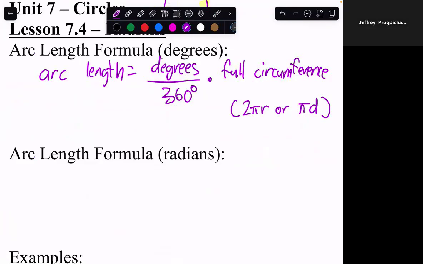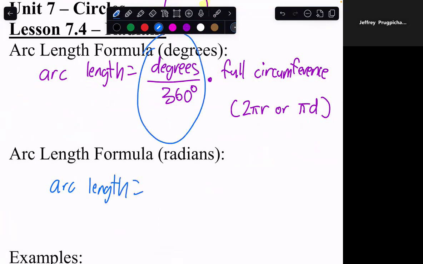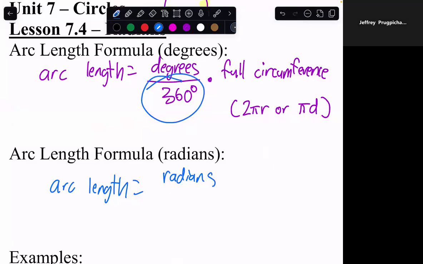Okay, so if we are in radians instead, the vast majority is the same. We can still find the arc length. But in order to find the fraction of the circle, because we're in radians, what is 360 degrees?